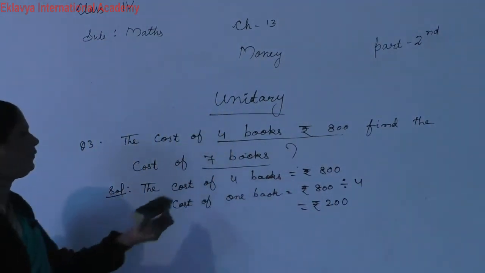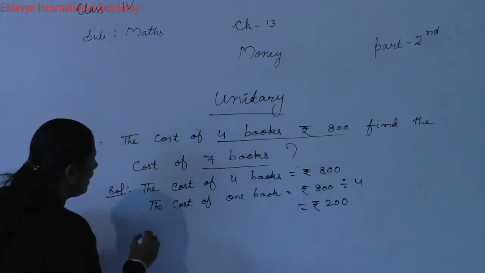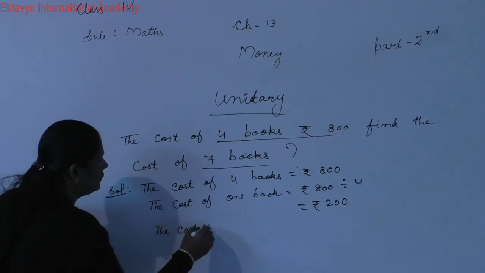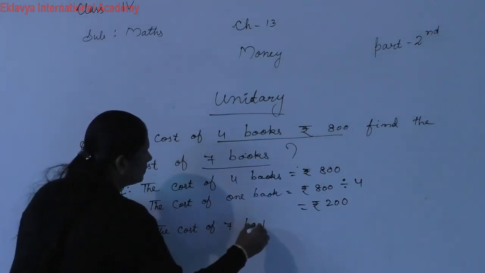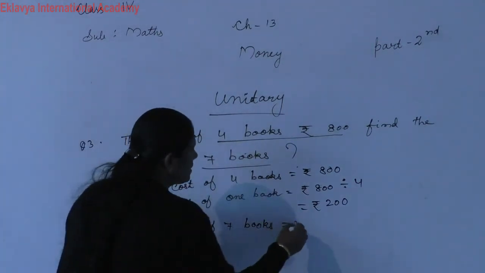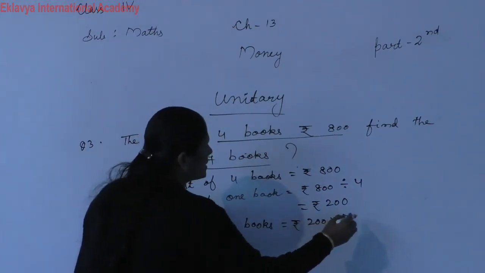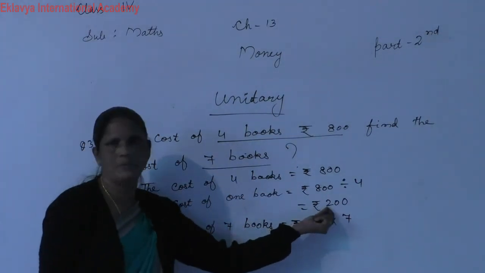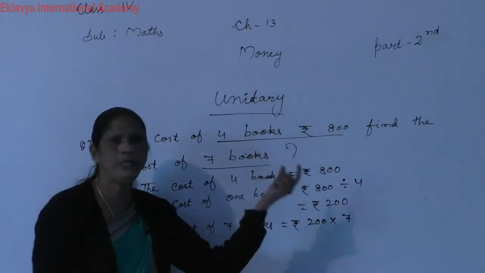Now we find the cost of 7 books. Third line: the cost of 7 books is equal to rupees 200 multiply 7. Which amount do we take? We found the cost of 1 book, and that amount we take.